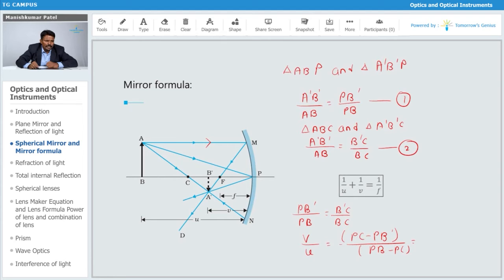According to sign convention, this is negative, this is negative, this is negative, this is negative, so all of them will get cancelled. You can write it as positive also.